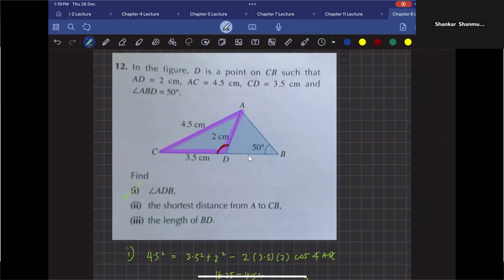The next part is asking for the shortest distance from A to CB. Your shortest distance is always your perpendicular distance, so do know that.